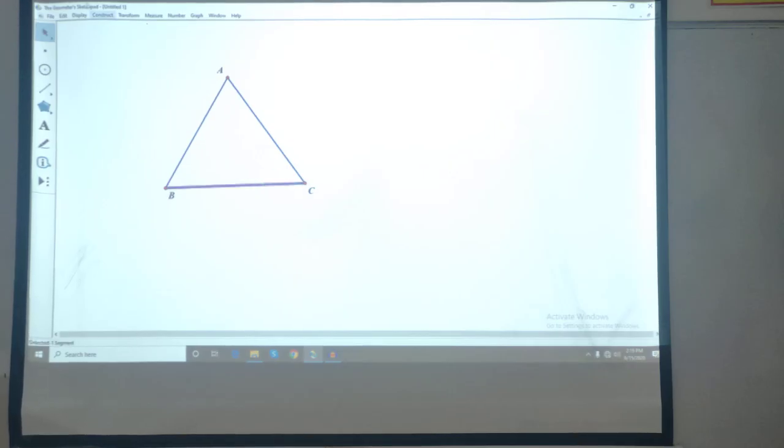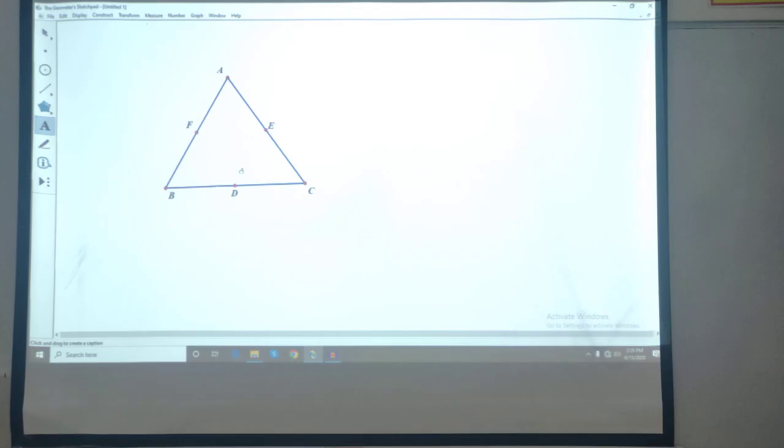First I select the line segment BC, get its midpoint and name it D. Again I select another line segment, take its midpoint and name it E. Now I select the next line segment, take its midpoint and name it F. So in this triangle ABC, D, E, F are the midpoints and A, B, C are the vertices.